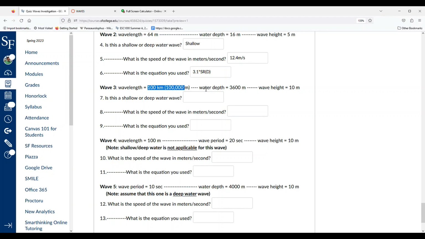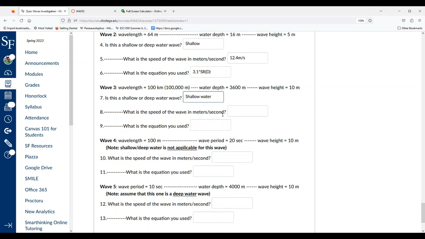So remember, the wave base is 1/2 the wavelength. 1/2 of 100 kilometers is 50 kilometers. And remember that the deepest part of the ocean anywhere in the world is 11 kilometers in the Marianas Trench. So a tsunami has a wave base deeper than the ocean floor everywhere on Earth. Everywhere on Earth, it's a shallow water wave, because the water depth is always going to be less than 1/2 the wavelength. So this is a shallow water wave.